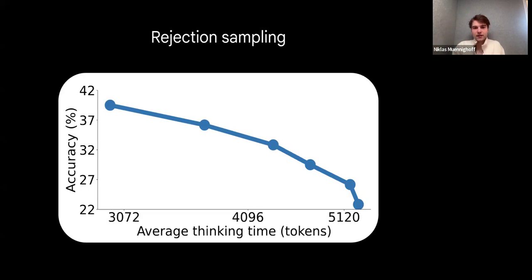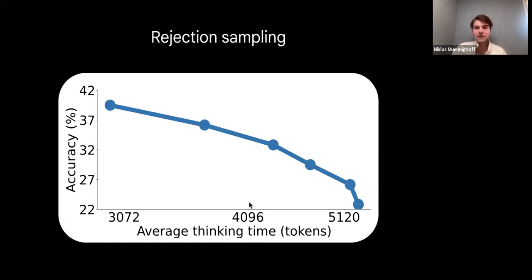The reason for this, if you look at the actual traces, is that very long traces tend to be ones where the model got something wrong. It got lost in reasoning back and forth, and that's why the trace is very long. So if you just rejection sample until, for a certain problem, you get a very long reasoning trace, then it might actually be a pretty bad one, because the reason the model took so much time is that it was wrong and it got stuck in some reasoning loop and didn't really arrive at the final answer.